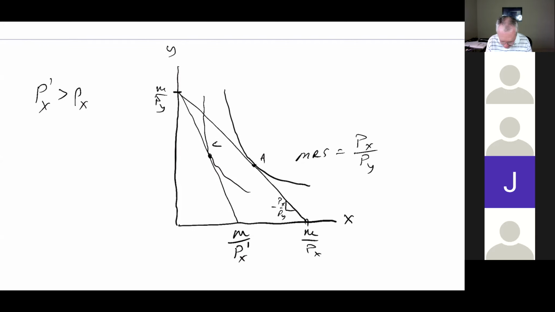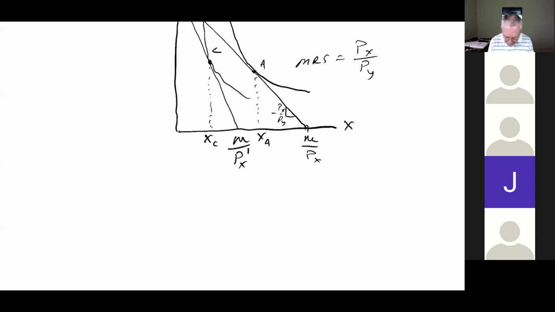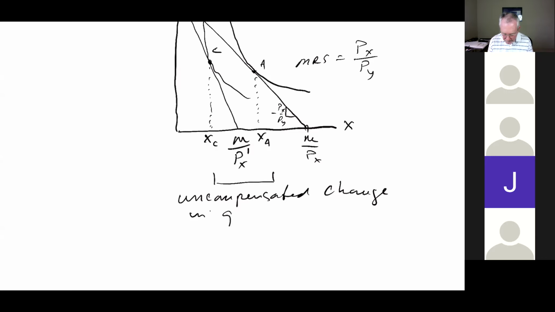And so we have a consumer who was initially consuming this quantity of X, who after the price of X increases is now consuming this quantity of X. And we say that this difference here between the original X and the new X is the uncompensated change in quantity of X demanded.